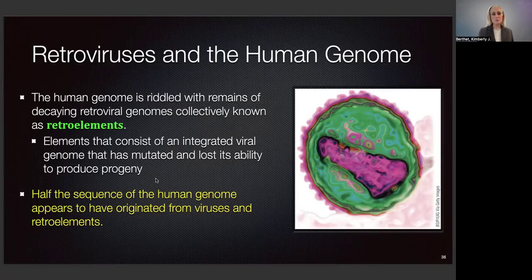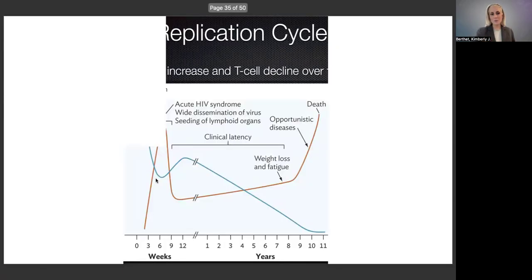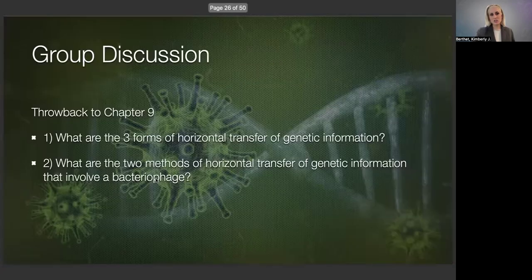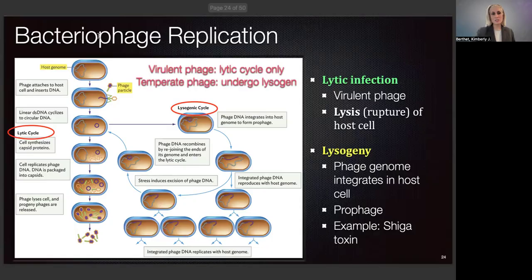So a lot of these retro elements that we have are essentially accumulations of viruses that no longer can even actually become viruses again. So like looking at this example of bacterial cells and bacteriophage and looking at the options of the lytic or lysogenic cycle. So again, this is what we're talking about, that DNA that's in our genome. We get this accumulation of viral DNA that's passed down from generation to generation as it's copied, just like our own genome.